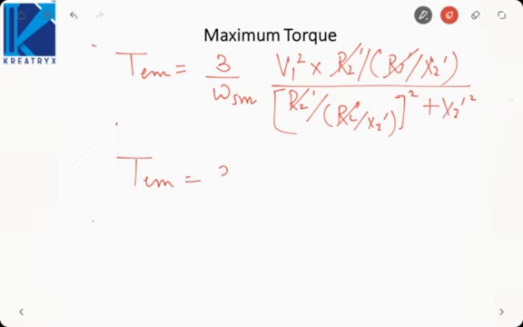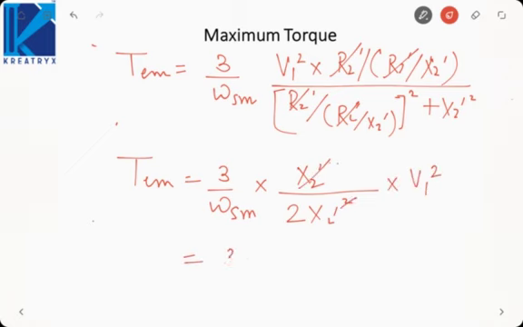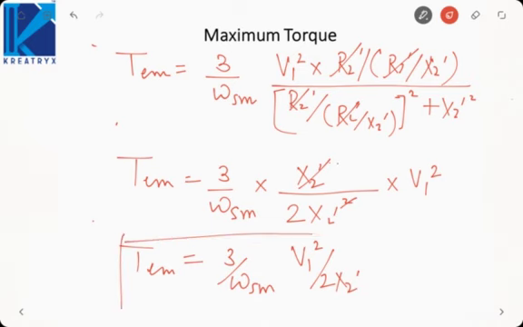TEM will be 3 by omega Sm into X2 dash square over 2 times X2 dash square, into V1 square. So it is 3 by omega Sm, V1 square by 2 X2 dash. So that is the maximum torque in case the stator impedance is neglected.